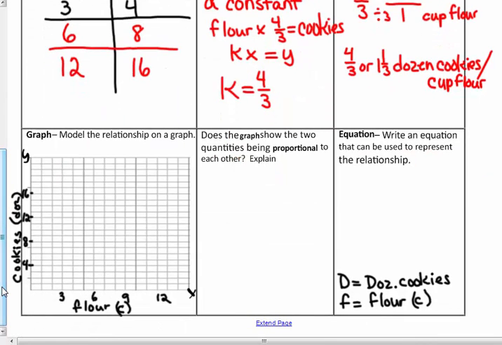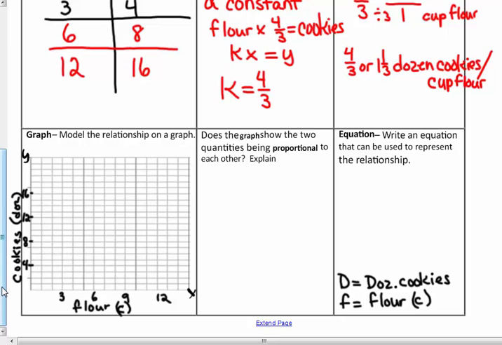The fourth section says, graph, model the relationship on a graph. And I already started labeling it for us. Flour is our x. The cookies that we can make depends on how much flour we have. How many dozen cookies depends on the flour. So the cookies is the y, the dependent variable.